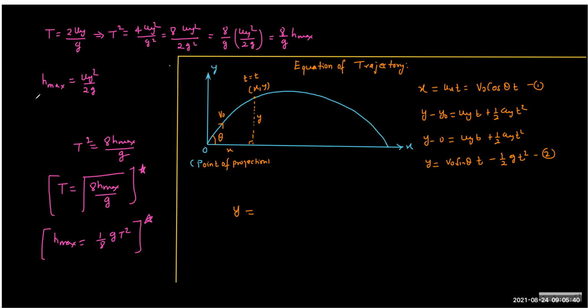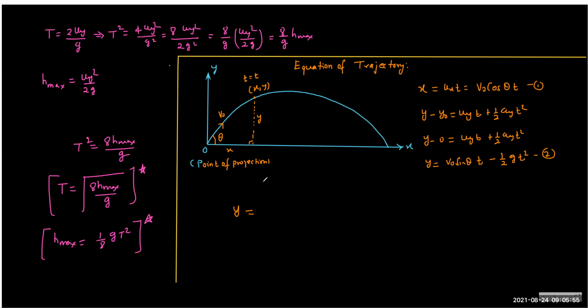Sir, y equals to tan theta minus half g x square by v naught cos theta the whole square. Sir, it's x tan theta. Yeah, correct.